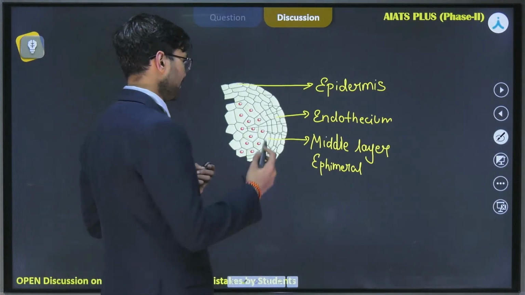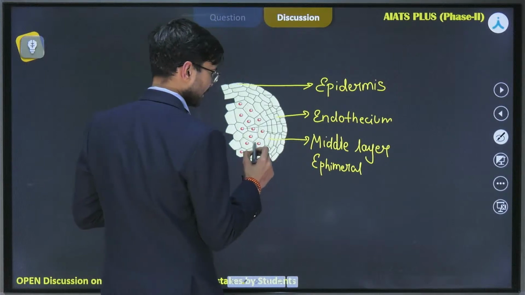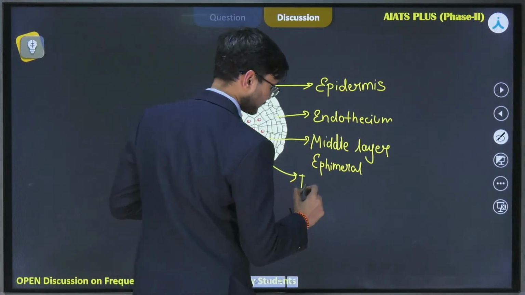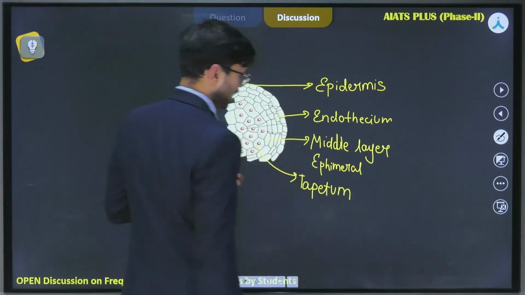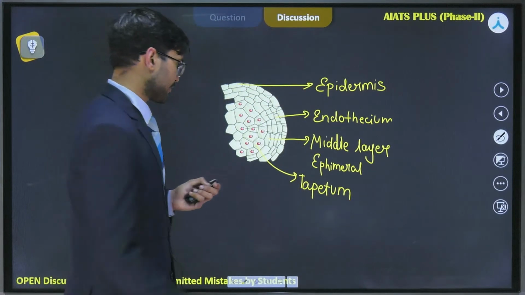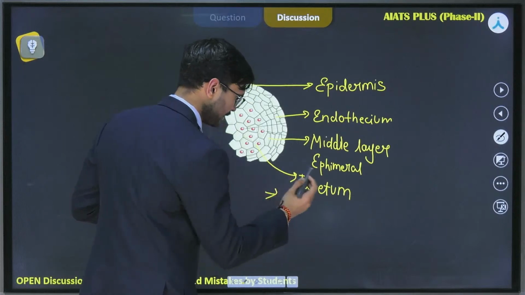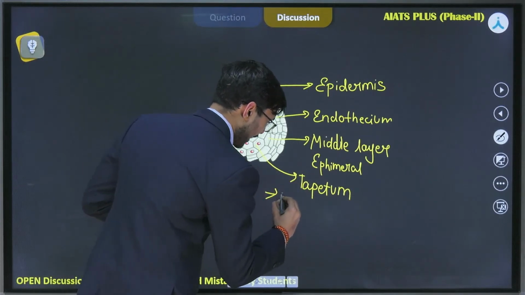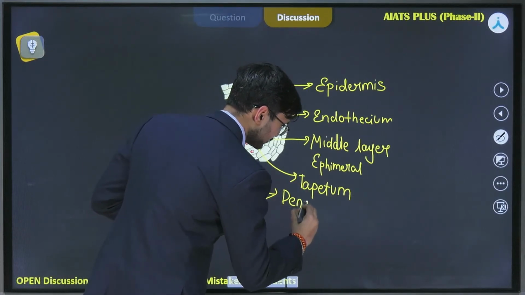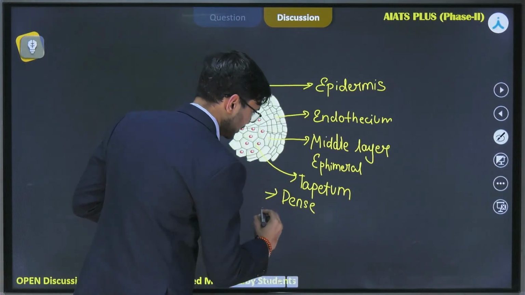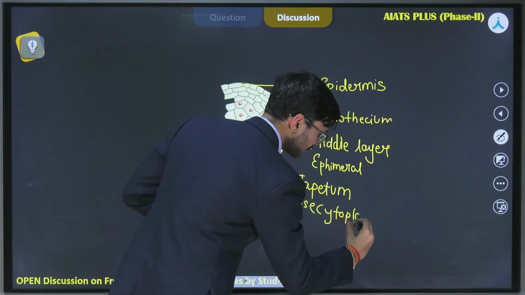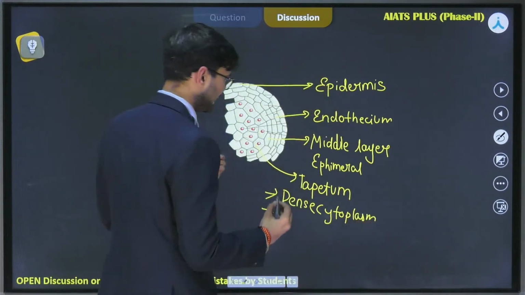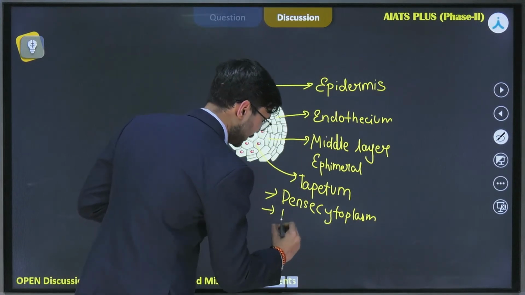That means they degenerate after the maturity of the anther. Okay, and the innermost layer is the tapetum, and the tapetum has certain features. The cells of the tapetum are dense, with dense cytoplasm, and they have multiple nuclei. Okay, so they are polynucleated.